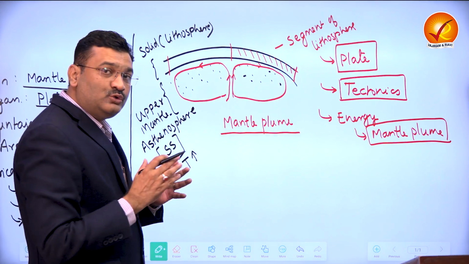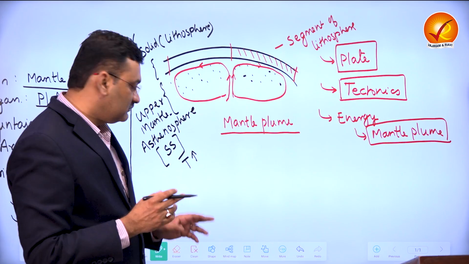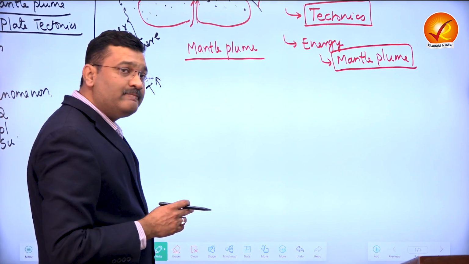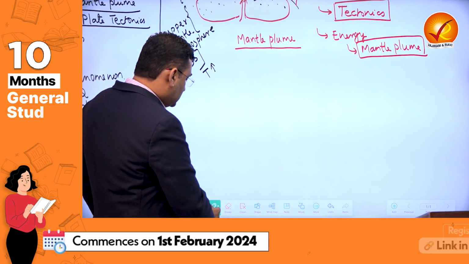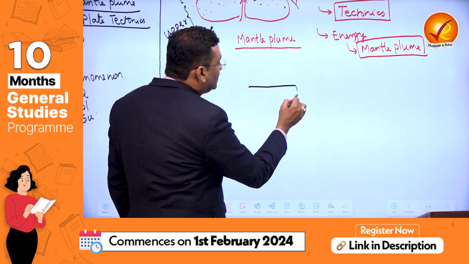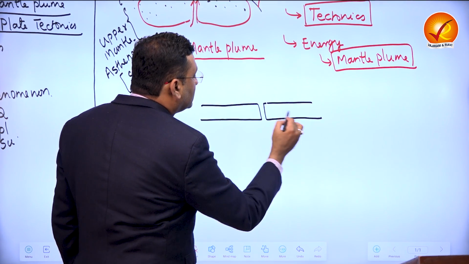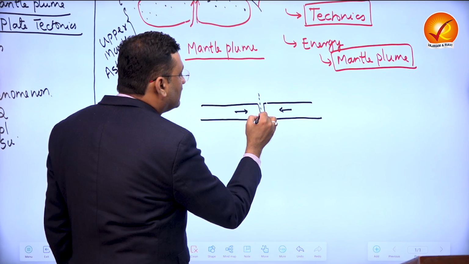Now, when two plates are moving and interacting, this interaction can be studied in the form of three types of boundaries. Here we will simplify it: suppose this is one plate and these two plates are moving towards each other. So here is a boundary.